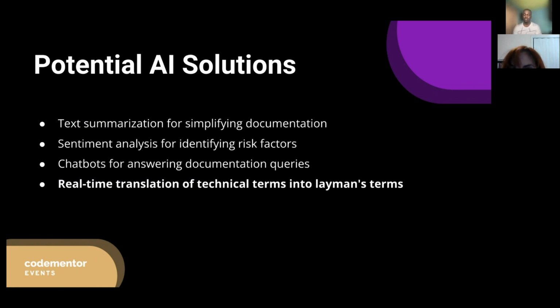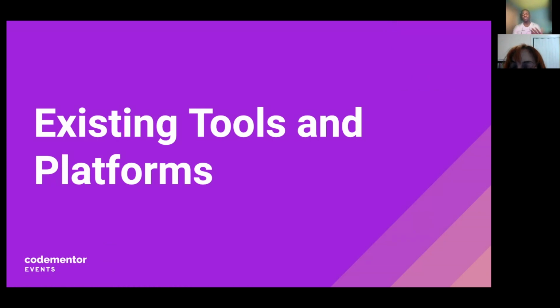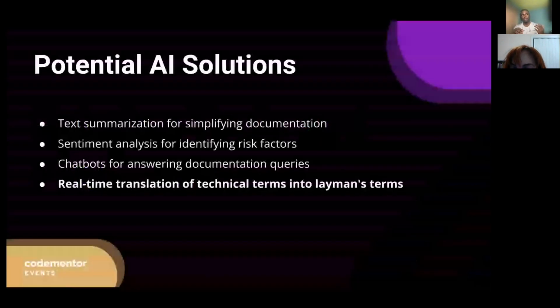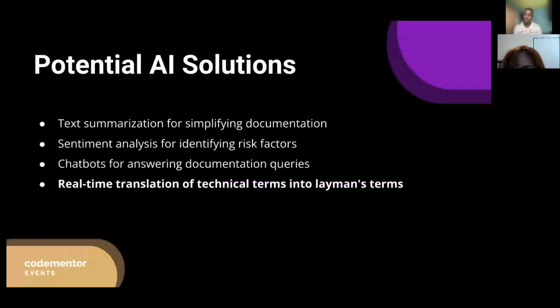So these are really solutions and use cases of AI to simplify smart contract documentation, because there are a whole lot of applications. The blockchain space is booming. We have people coming from different careers, from writers to researchers to engineers to product managers to product marketers.